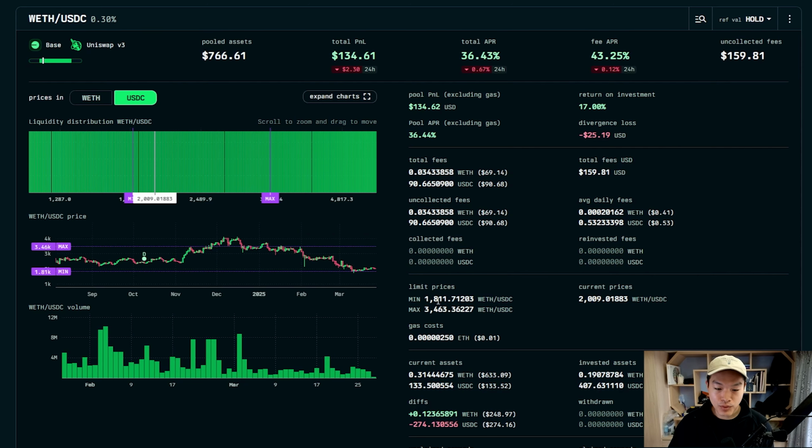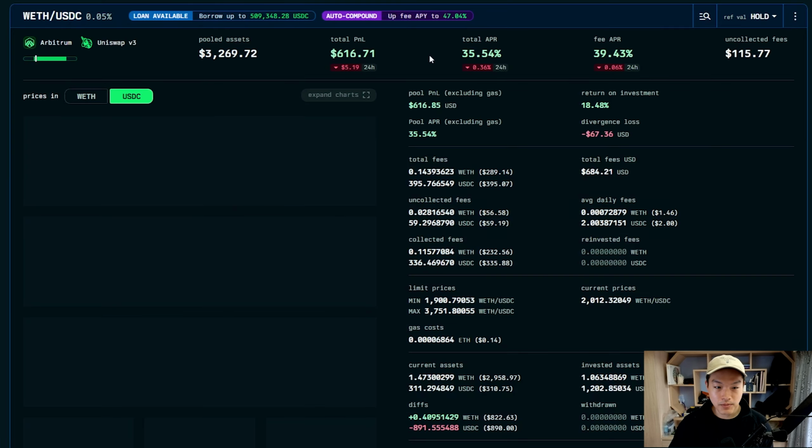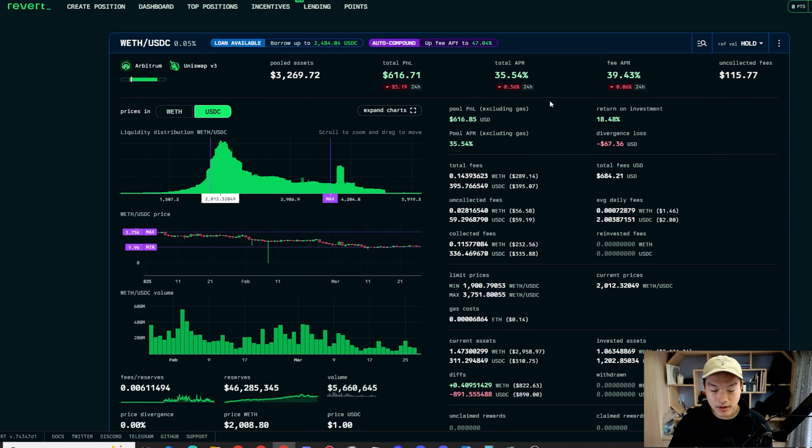And if we had a wider range than them in this particular pool, then I would probably expect lower APR, maybe around 30%, right? And the next pool we want to look at is the Arbitrum one. But basically, Revert allows you to stalk other people's pools and discover which chain, which DEX, which pool to actually enter into to yield farm with.